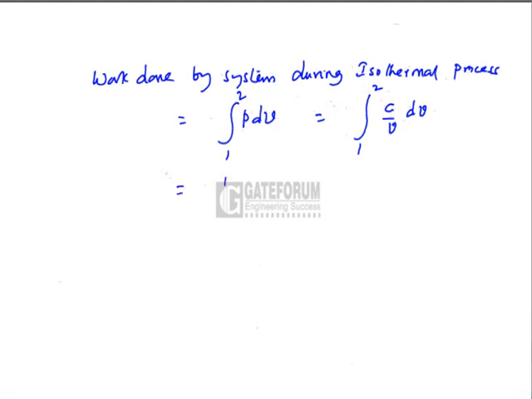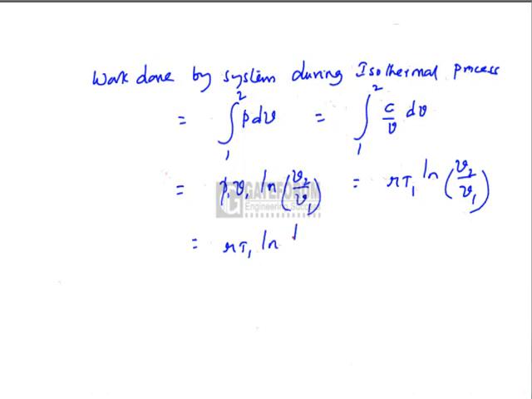It results in P1 V1 ln V2 by V1. Ln means log base e, which can also be written as R T1 ln V2 by V1, or R T1 ln P1 by P2. This gives so many kilojoules per kg, that is, work done per unit mass of the gas.